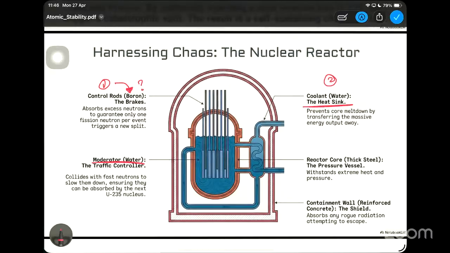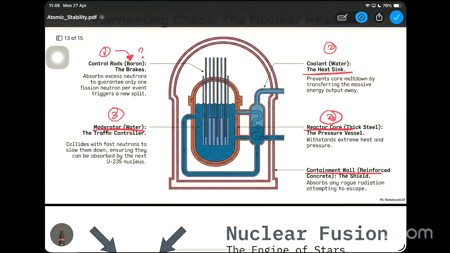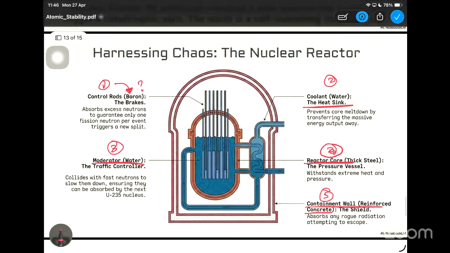And the moderator, the reactor core, and the containment wall. Why can't we use any metal there? Go through it, there were so many questions from this sector. Try to remember the uses and the materials that we can use.